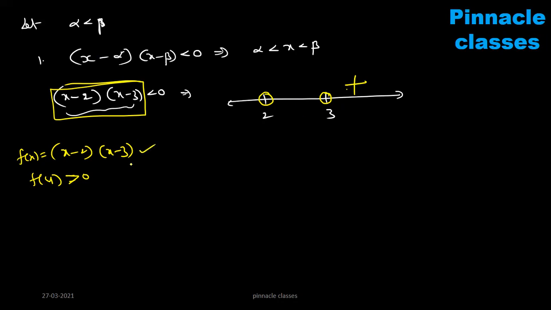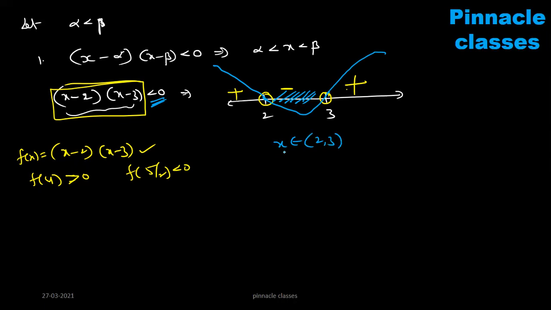Put these values, you can get negative. Less than 2 gives plus. So dear students, plus means you can start from above. See, I'm drawing the curve. Plus means upwards, minus means downwards, again plus means upwards. Negative means in this case you have to take this region. That means x belongs to what? The open interval 2, 3. Otherwise, use the formula directly.